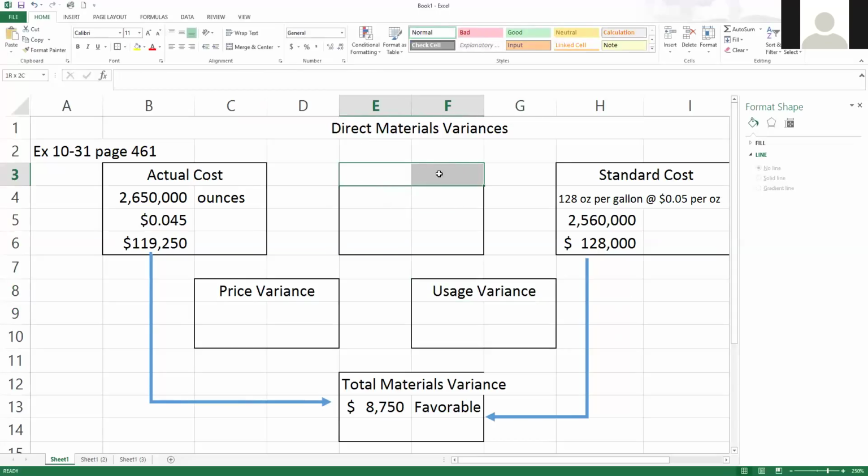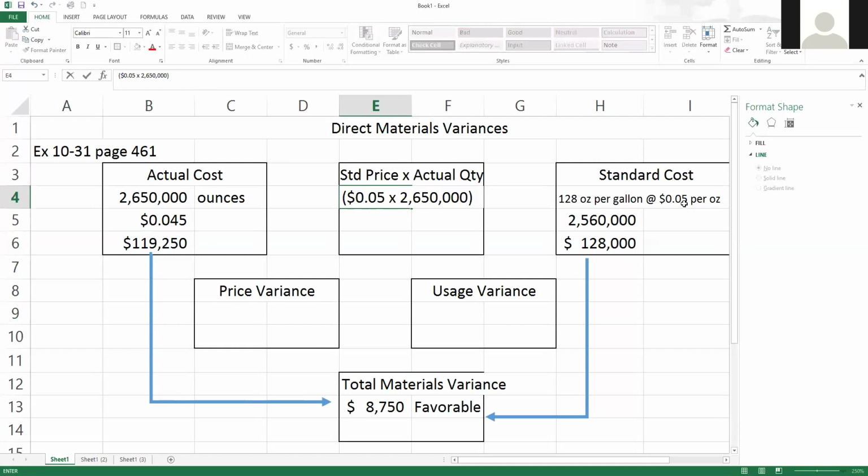In the middle, to help facilitate this process, we have something that says standard price times actual quantity. Sounds complicated, but really saying is 5 cents, our standard price per ounce, times the actual quantity of ounces that we used.